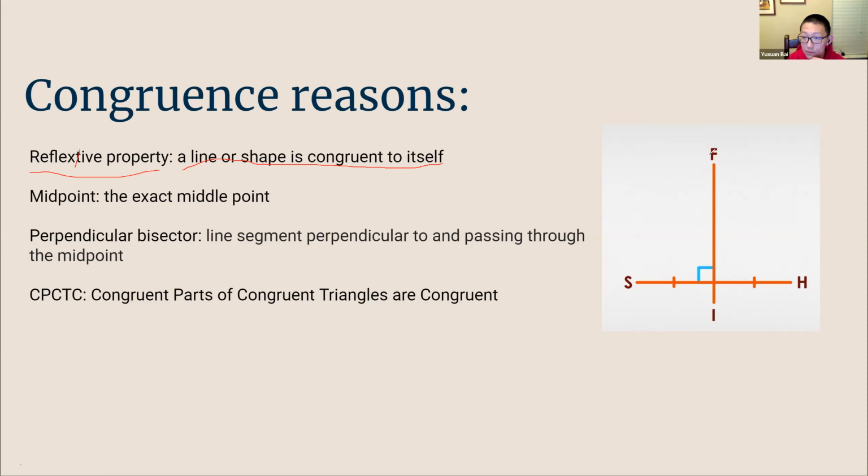So let's see, what are some examples we can look at here? If we look at line FI, line segment FI would be, by the reflexive property, congruent, and this is the congruent symbol, to itself. It's basically the same as saying it's equal to itself, right? Two of the same numbers are equal to itself, and the same line segment is also equal to itself.